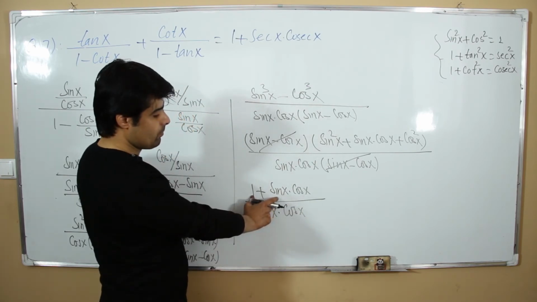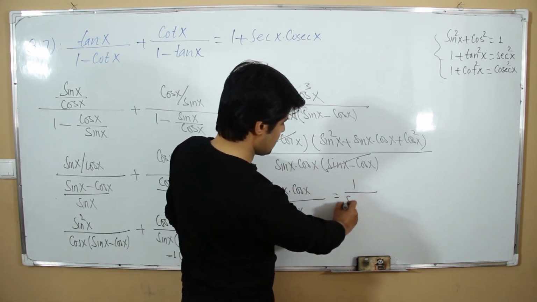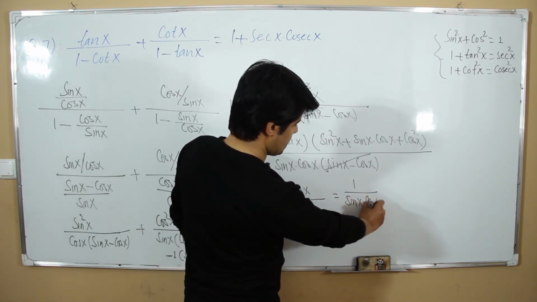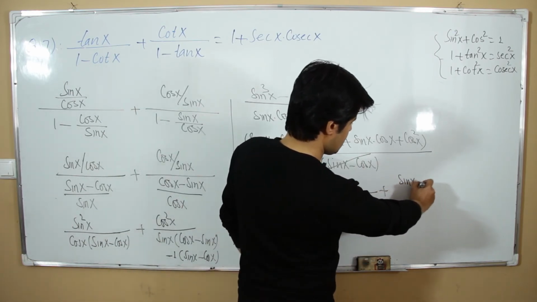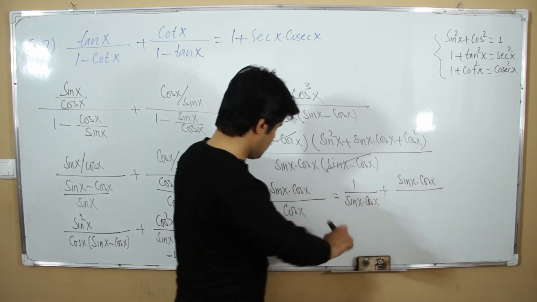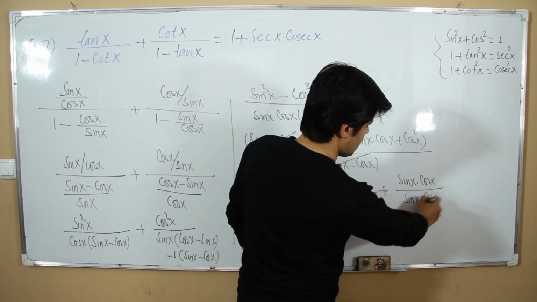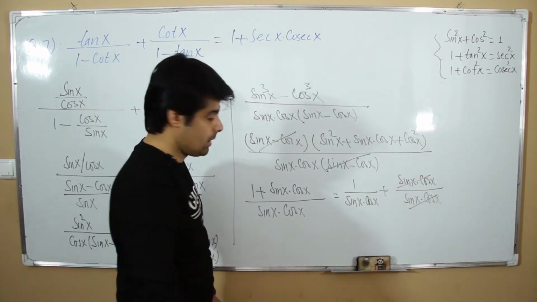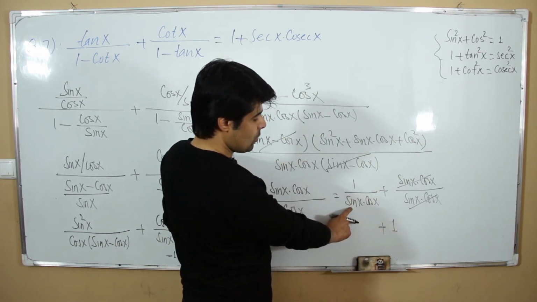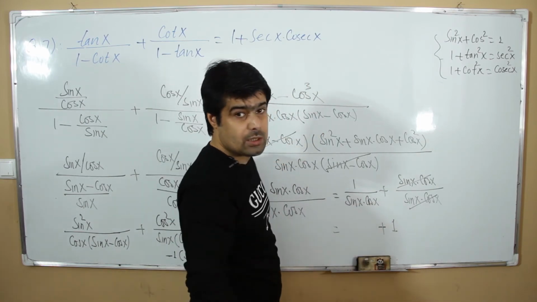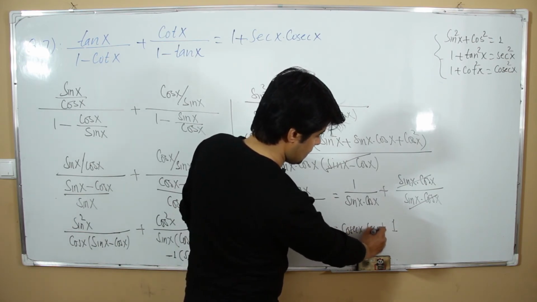You have a polynomial by a monomial, so 1 divided by sine x cosine x, plus sine x cosine x divided by sine x cosine x. So this is cancelled, it is 1, plus 1 divided by sine is cosecant, 1 divided by cosine is secant, so cosecant x times secant x.